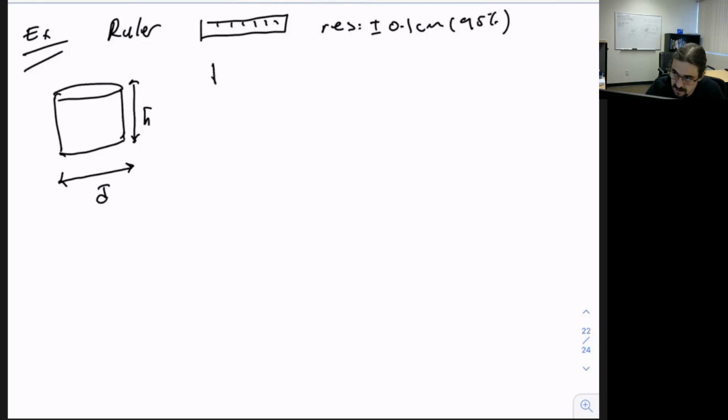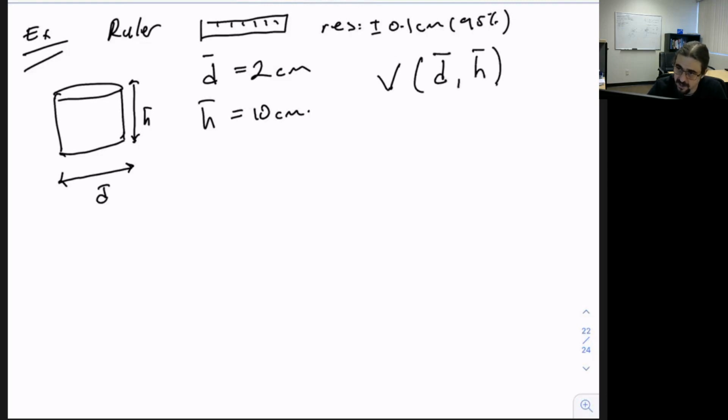Let's say we measured d bar as 2 centimeters, and the h bar as 10 centimeters. So the volume is a function of the diameter and height. If you were to calculate V bar, what is the uncertainty UV of that volume? Let's go ahead and start that example.